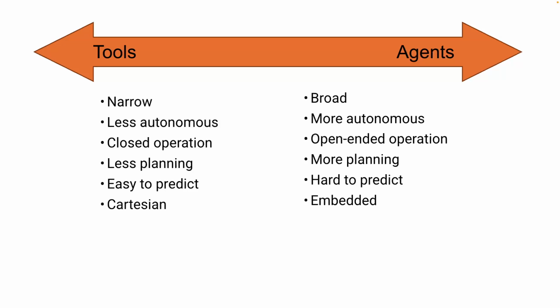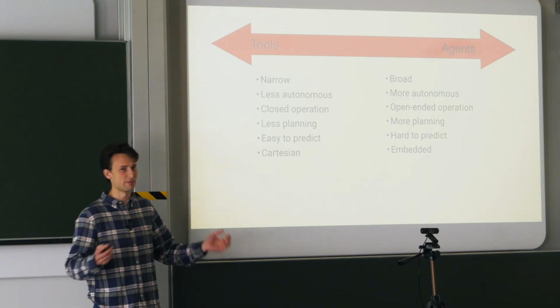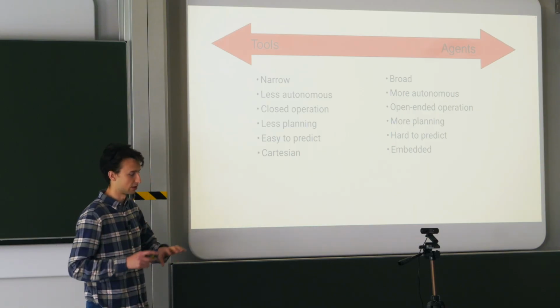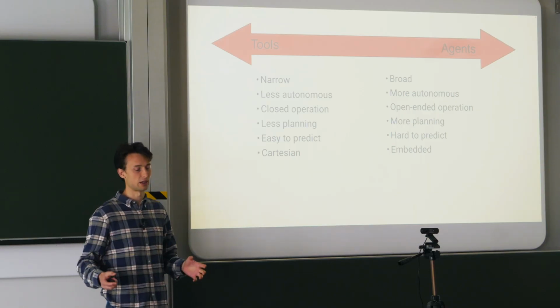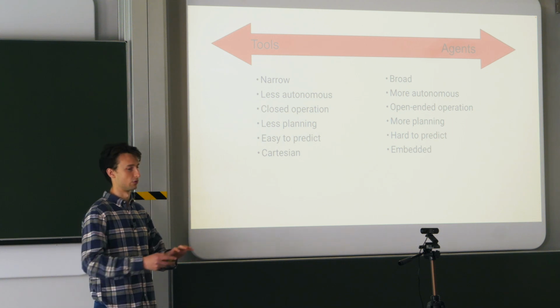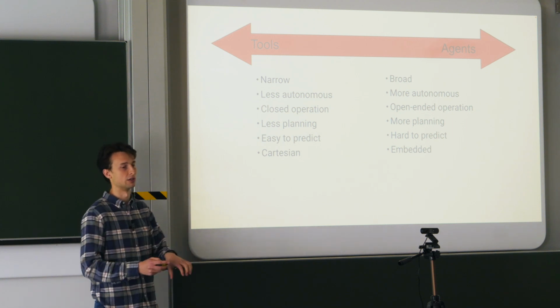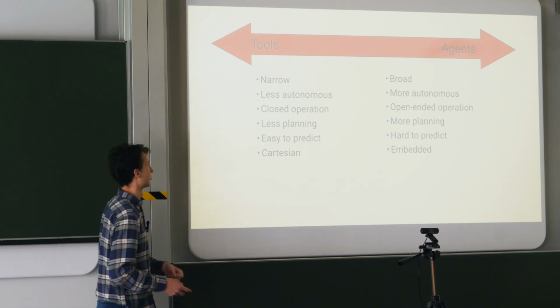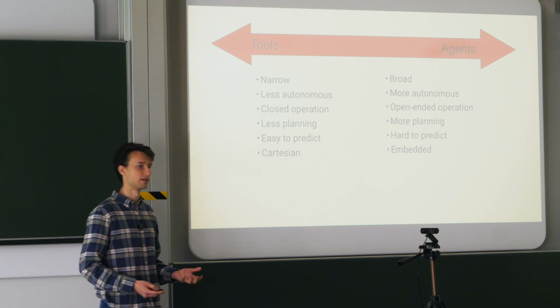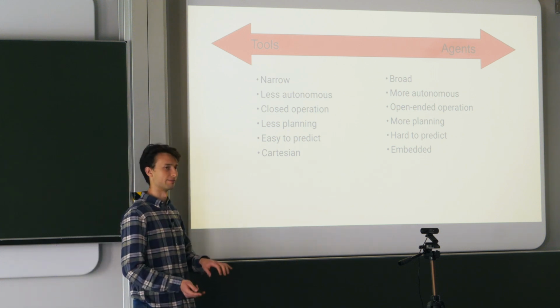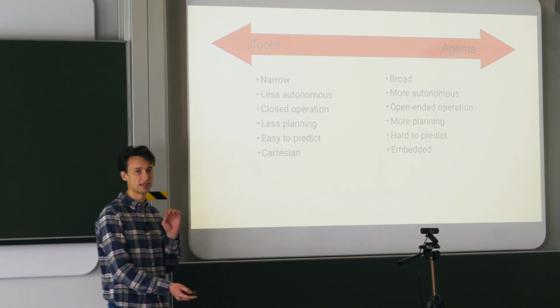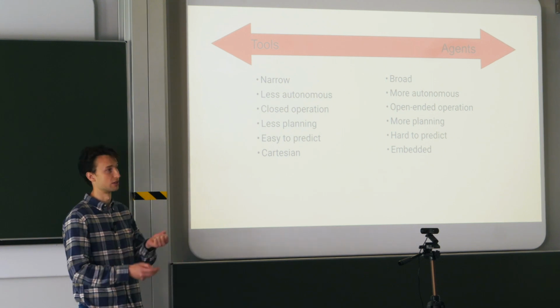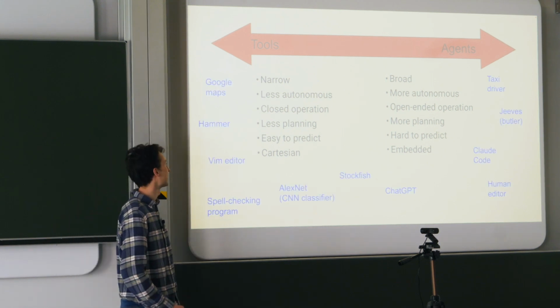This final distinction I'd like to make is between Cartesian and embedded. There might be a better word for this, but with Cartesian, I'm thinking of sitting outside, or in a different dimension to the thing it's acting on. So I'm thinking of tools acting on objects, whereas agents are parts of environments and take actions to steer the system that they are part of towards a certain state.